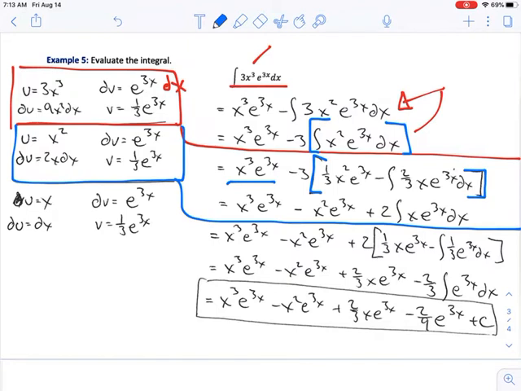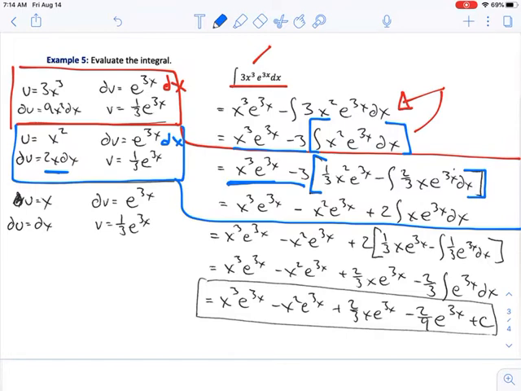That part carries down. Everything else that's up here just comes down. And so we identify u is x squared. The derivative of x squared is 2x dx. Once again, dv is e to the 3x dx, and the antiderivative is 1/3 e to the 3x.